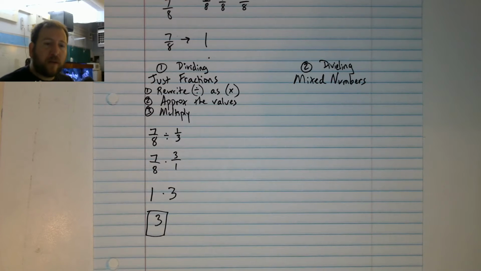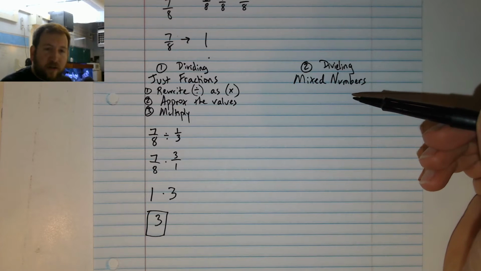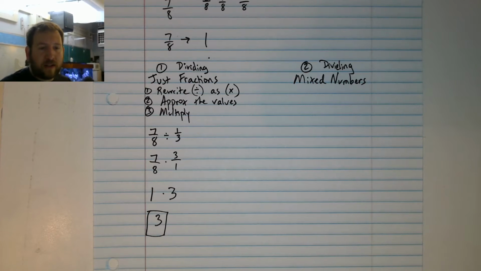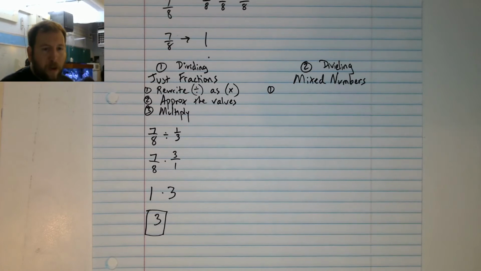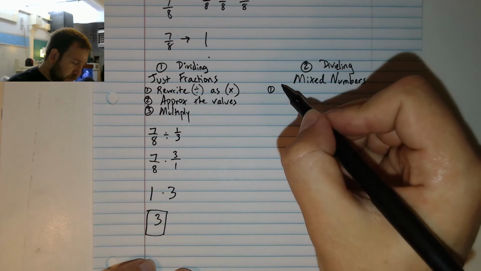When I'm going to be doing it with mixed numbers, I have an additional step, and my order is slightly changed, and that's where it was very confusing for me. Our first step is that we're going to approximate the mixed numbers using benchmarks.